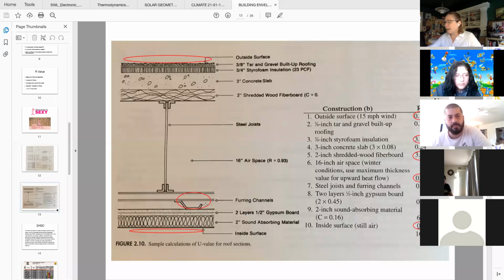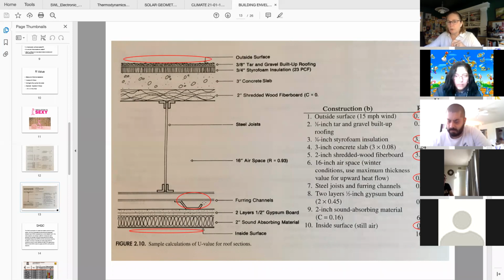So by creating another airspace there with this gap, you alleviate that sound transmission. That's a specific channel for sound, called a resilient channel.